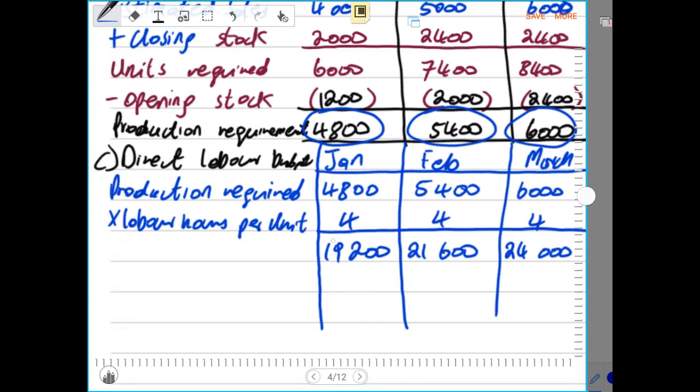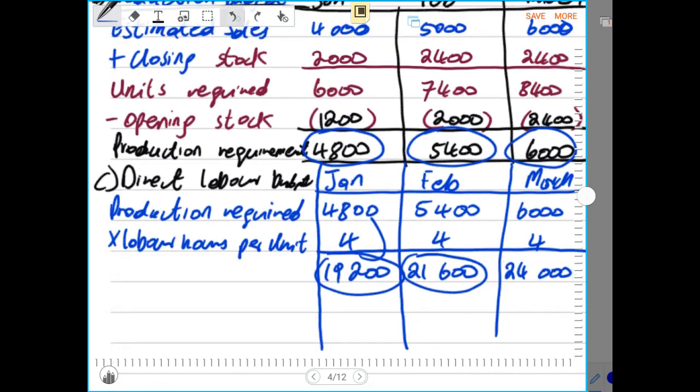These are the labor hours that are required to manufacture 4,800 units. And this is the total labor hours that are required to manufacture 5,400 units. And this is 24,000 labor hours that are required to manufacture 6,000 units. So now these are the labor hours that are required to manufacture the required units.